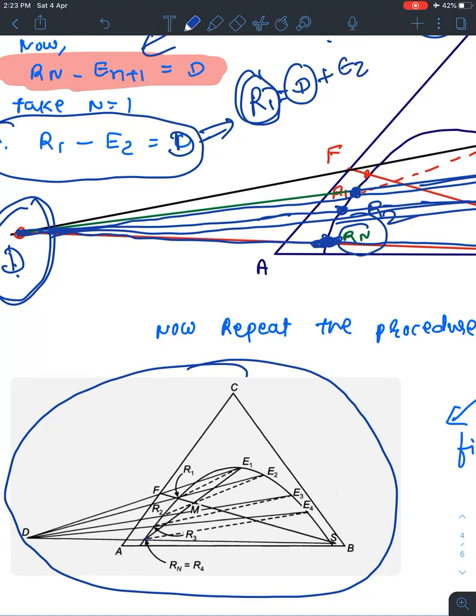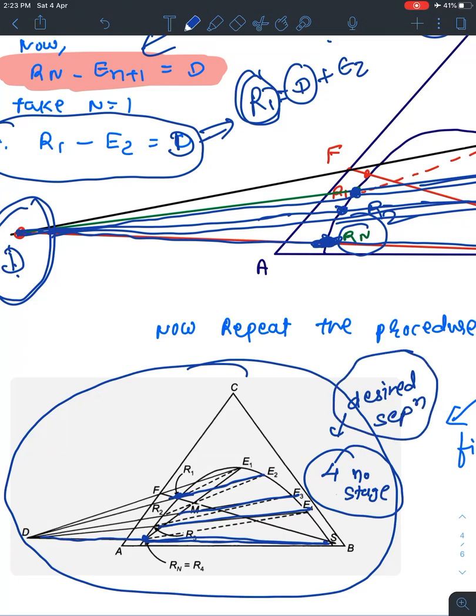This is the final line that we get. You can see the number of lines starting from R1: 1, 2, 3 and 4. So we have 4 stages required for the desired separation.